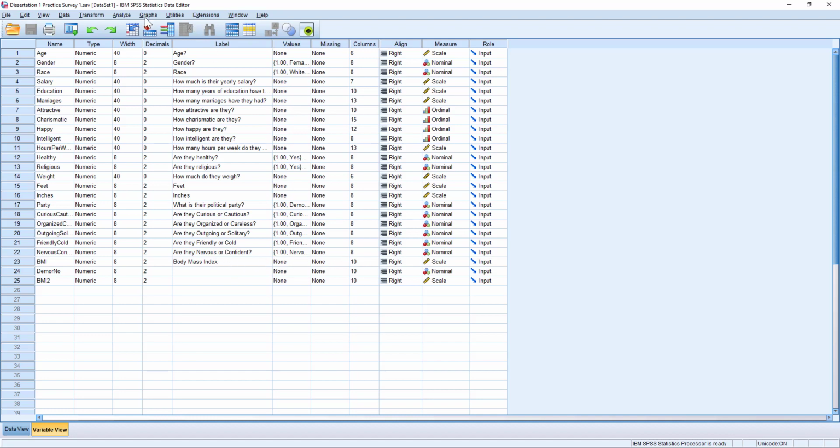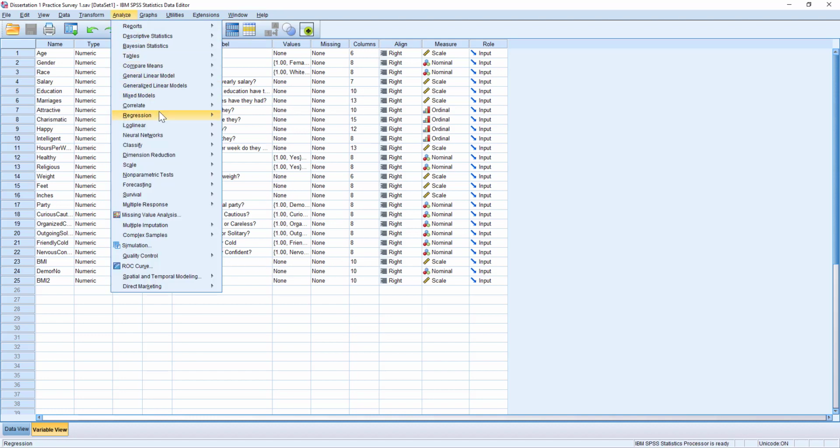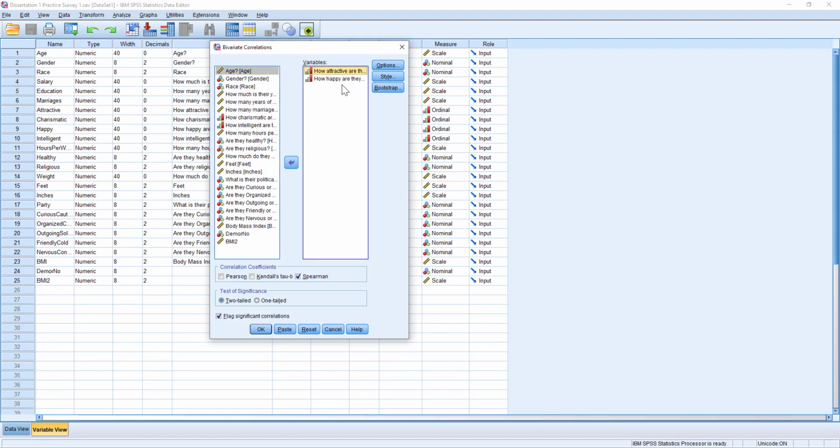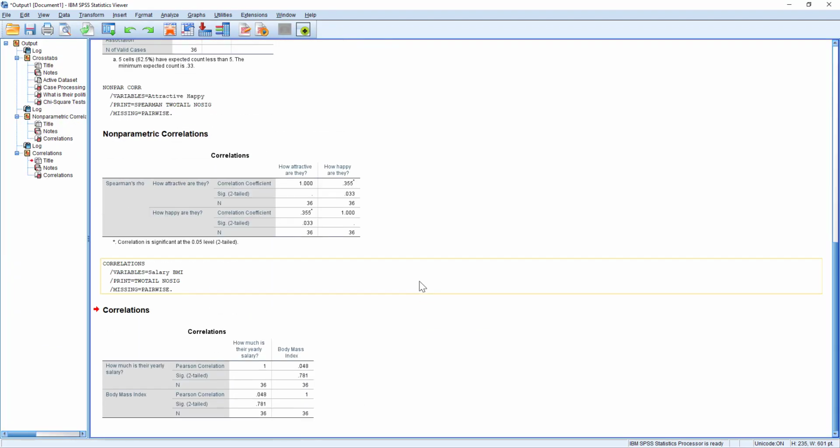Okay, so we go to Analyze, Correlate, Bivariate. Get rid of these two, and we're looking at salary and body mass index. We unclick Spearman, we click Pearson because these are scaled variables, and we hit OK.